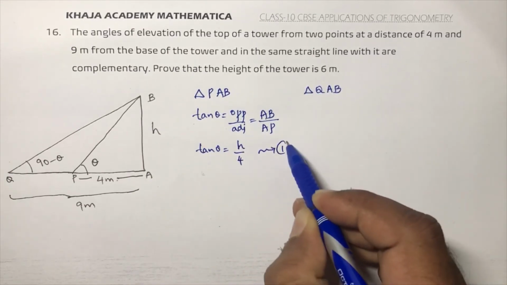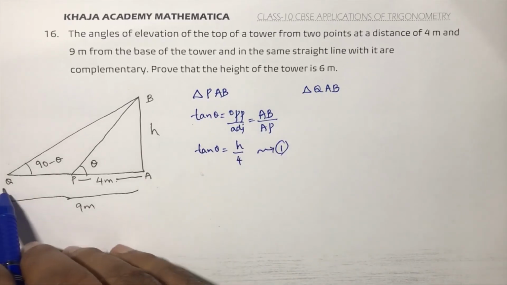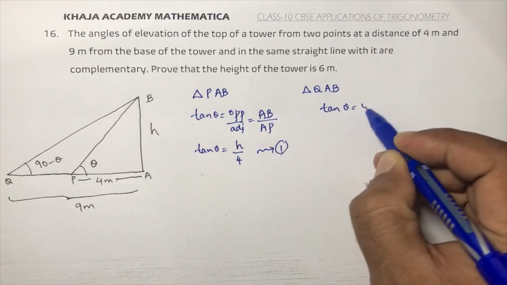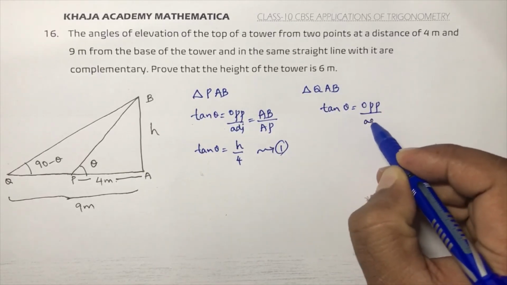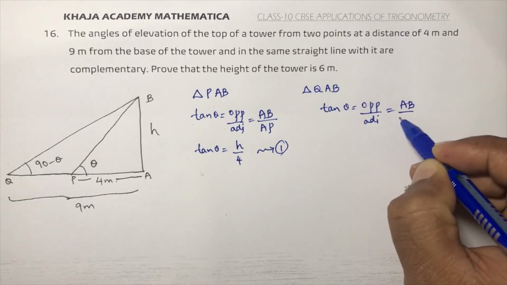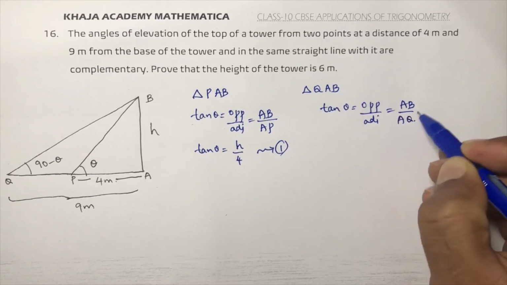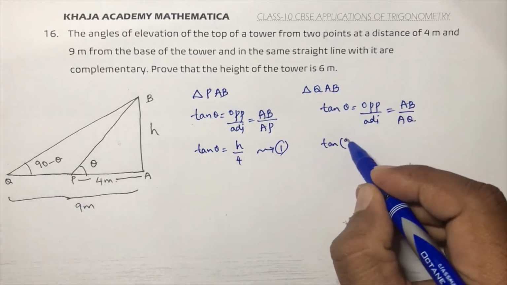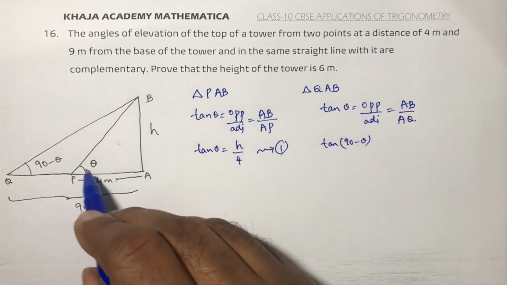This is equation 1. Now in QAB, tan of the angle is opposite by adjacent. Opposite is AB, adjacent is AQ. Now the angle is 90 minus theta, because these two angles are complementary, they told.